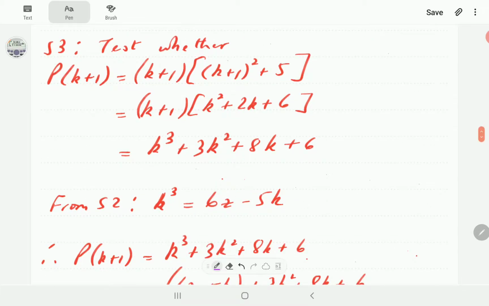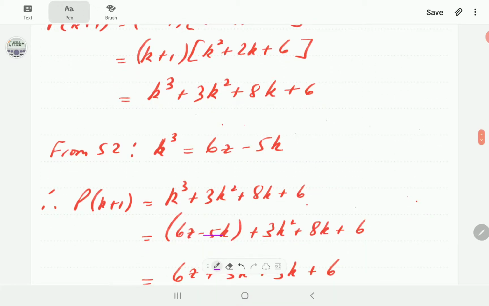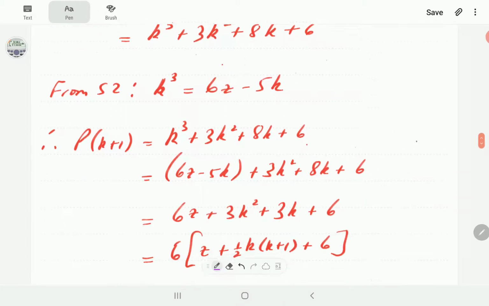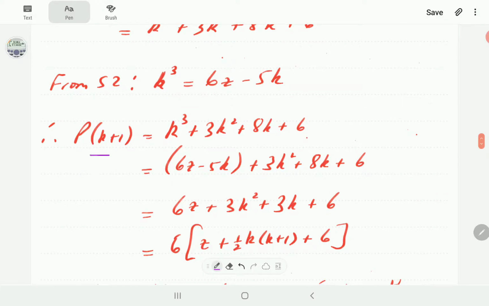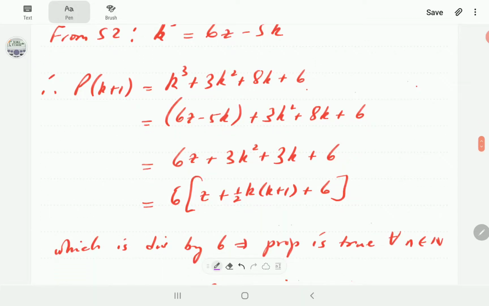If we take this and plug it in here, then we're going to get that p of k plus 1 is 6z plus 3k squared plus 3k plus 6. If we factor out 6, then z is an integer, 6 is an integer.